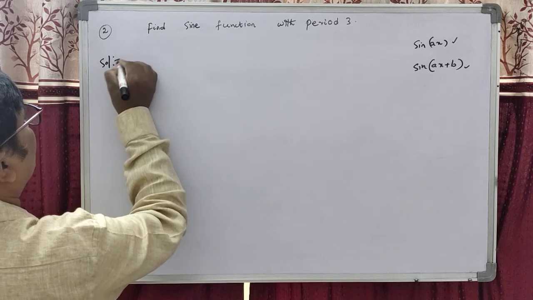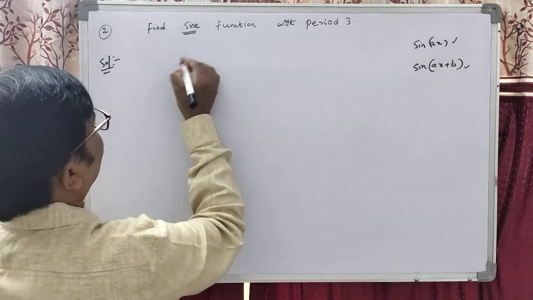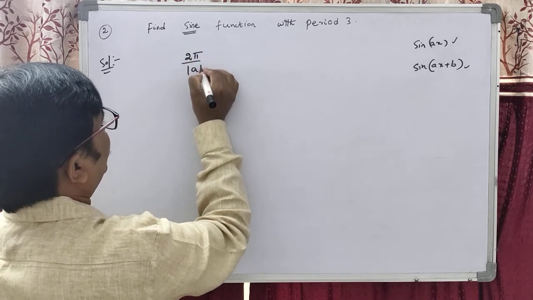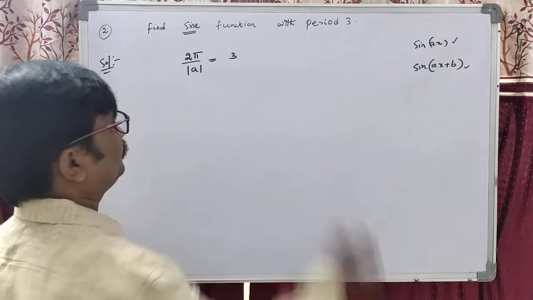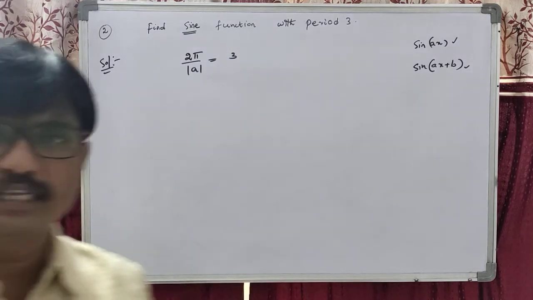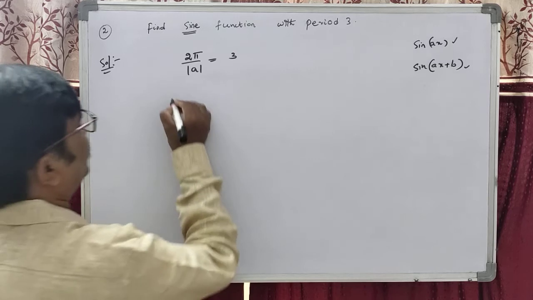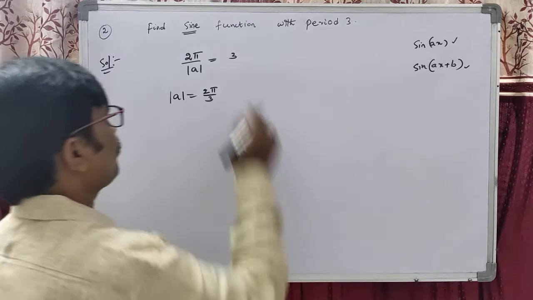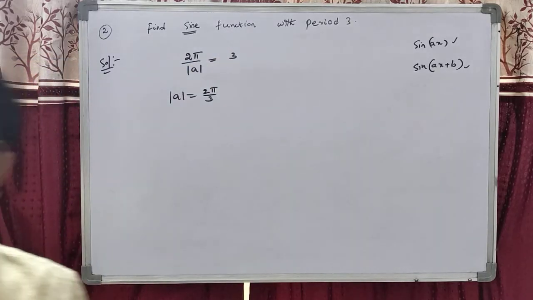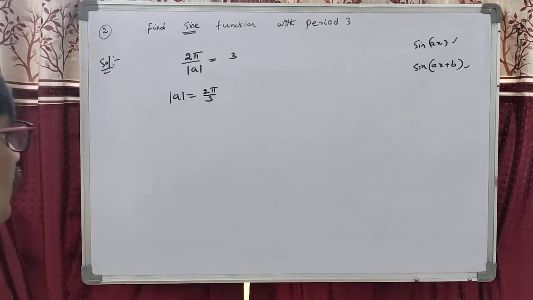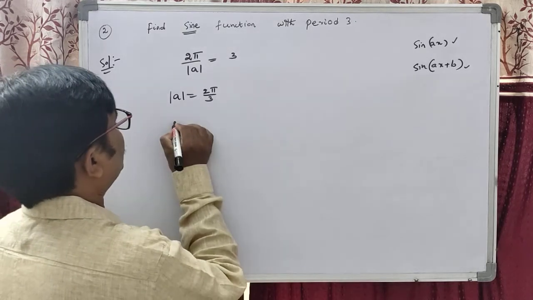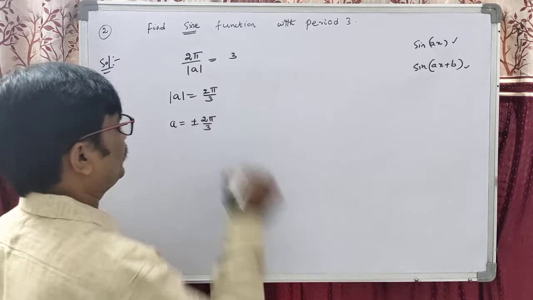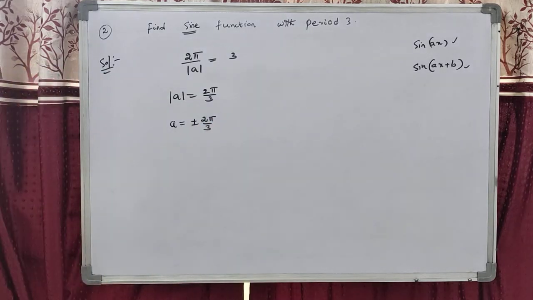So the period of the sine function is 2 pi by modulus of a, which is given as 3. So 2 pi by mod a is 3. Therefore mod a equals 2 pi by 3. After that, students, a equals plus or minus 2 pi by 3.